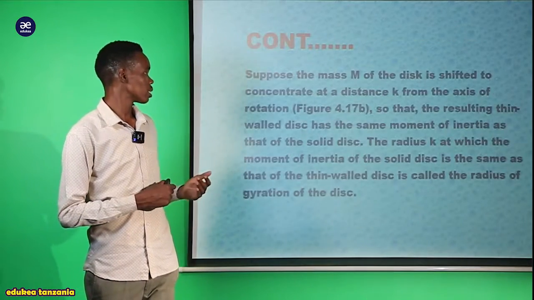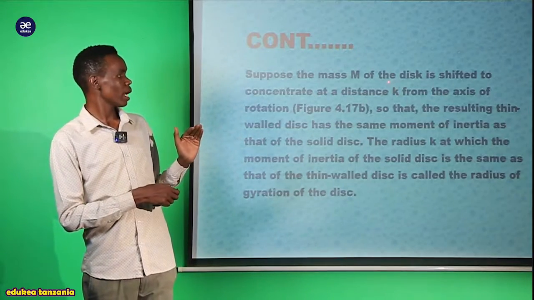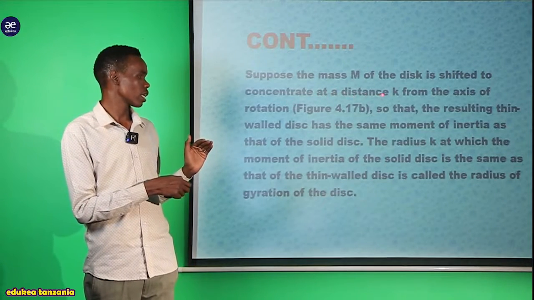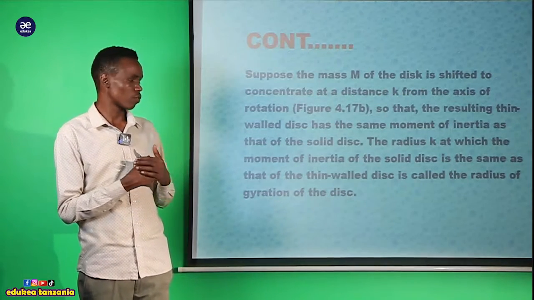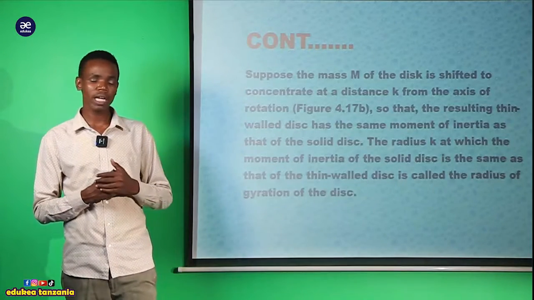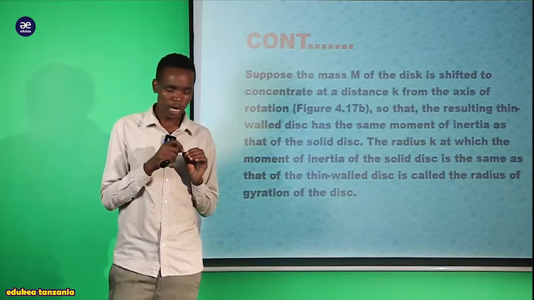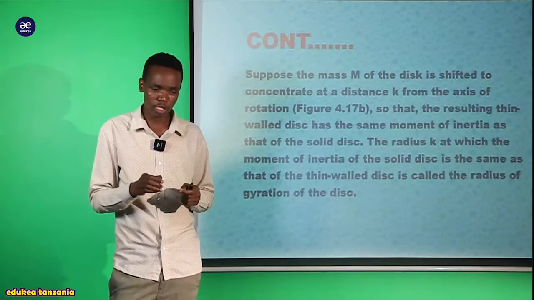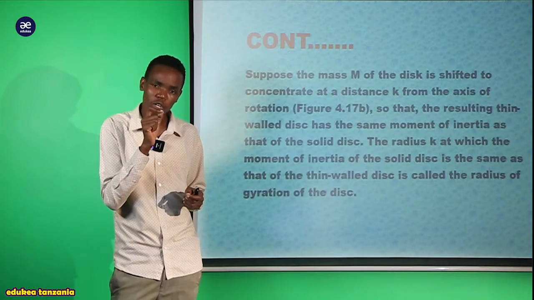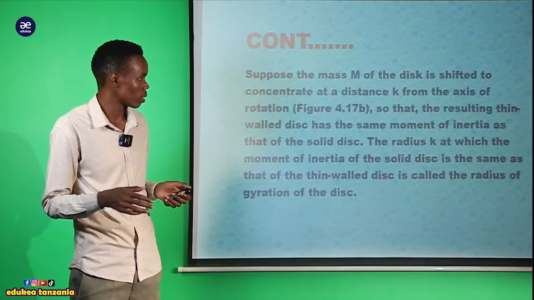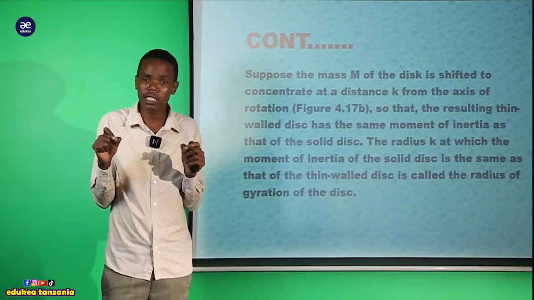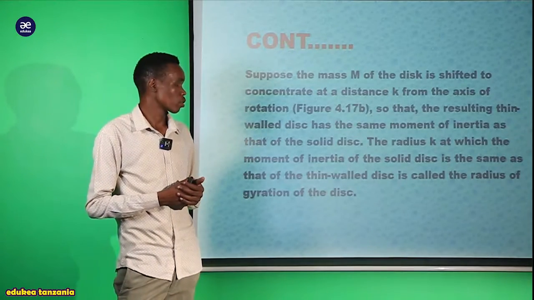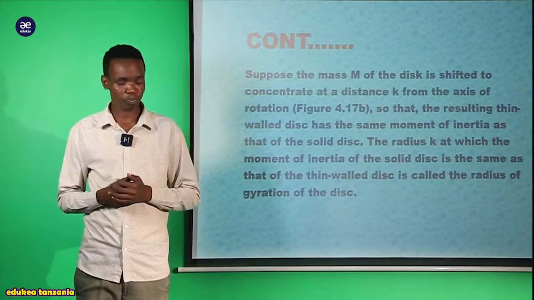So my dear student, suppose the mass M of the disk is shifted and concentrated at a distance k from the axis of rotation. Now imagine that from our figure 4.14(a), we take the mass of the disk and shift its position, removing it from the original position and putting it into another position, and we indicate its distance. The distance after shifting it is equal to k, as we see, from the axis of rotation.